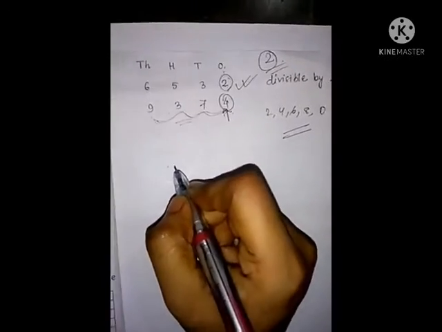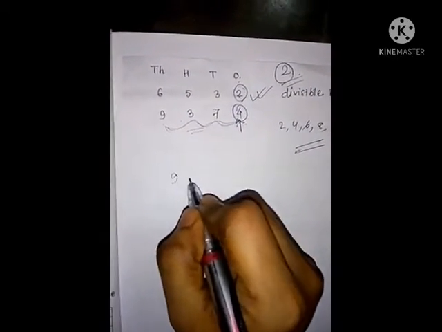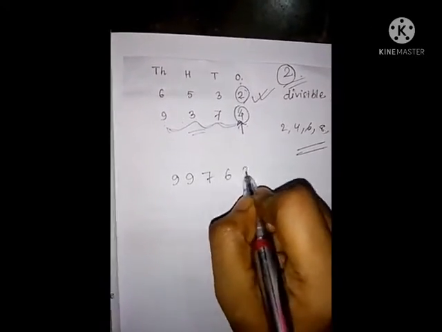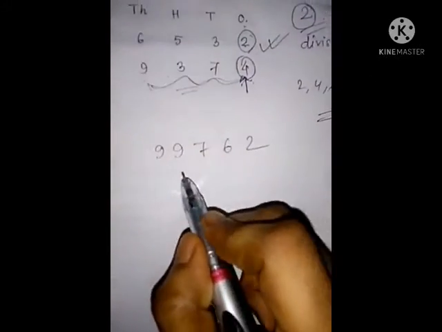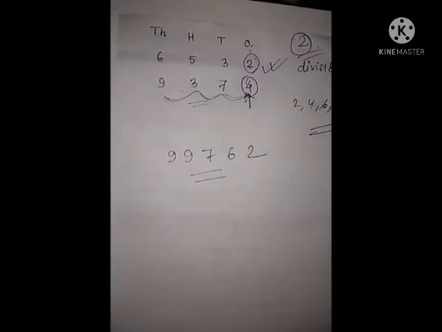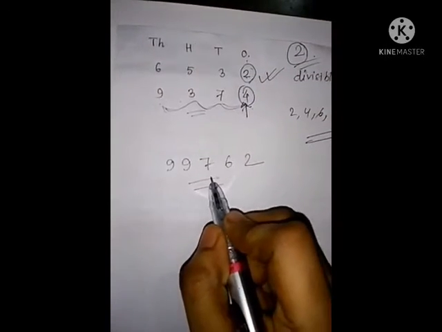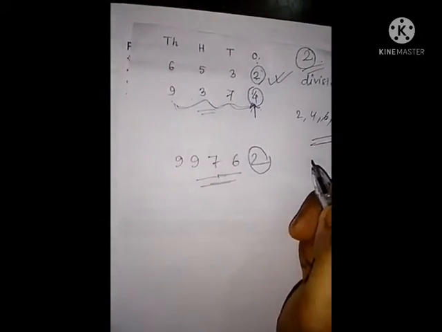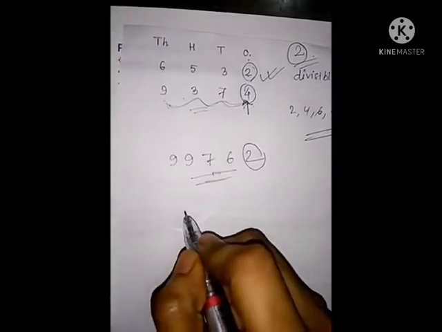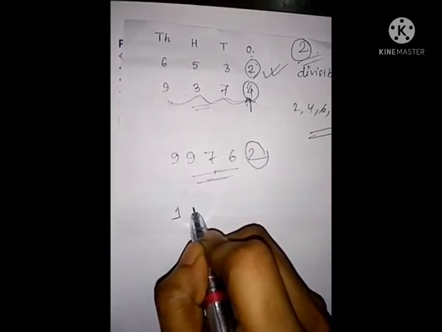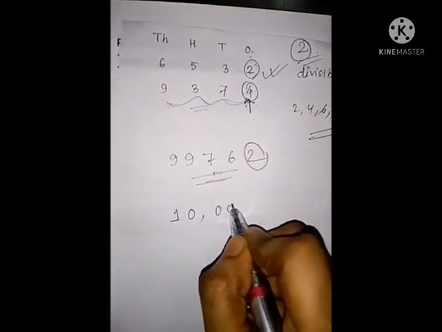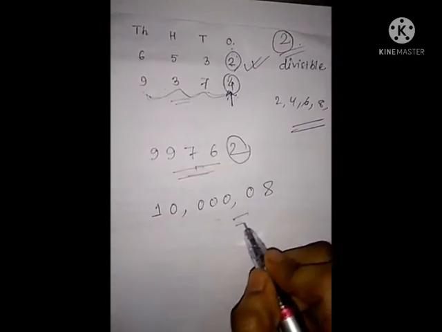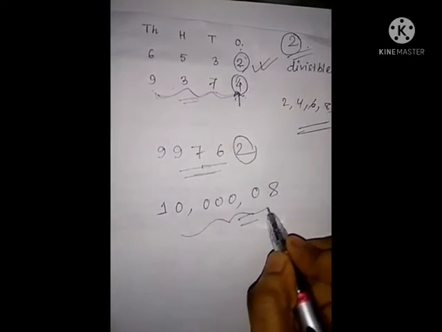Take some very large number, 99,762. Is this divisible or not? This is divisible by 2 because the ones position has 2. Understand? Again see, is this number divisible by 2 or not?